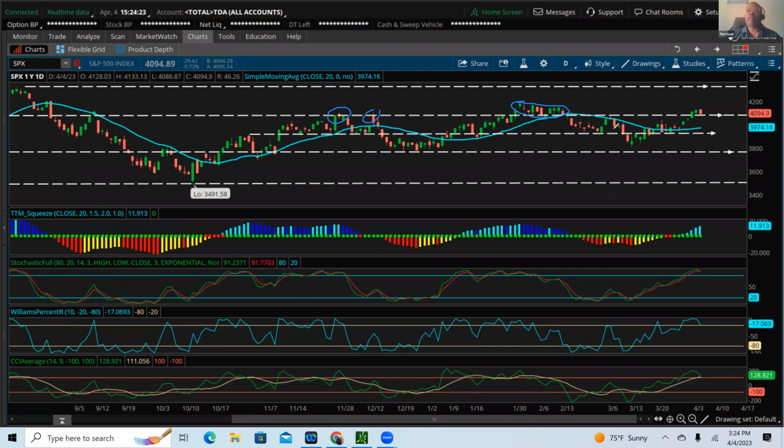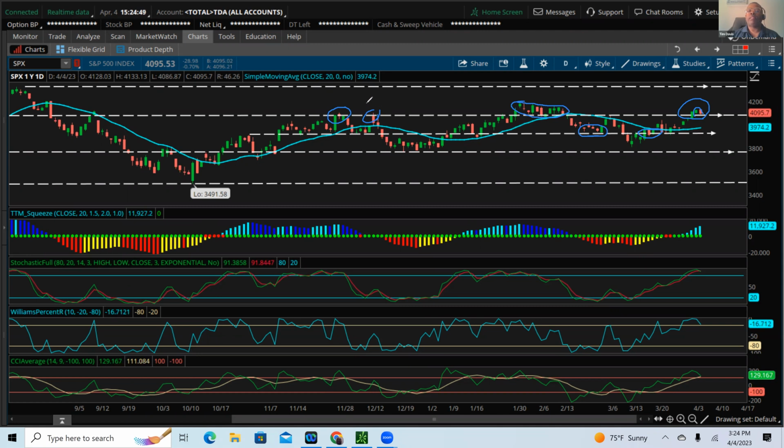We traded back down to another short-term level of support, broke through that right here, came right back above it, and tested it a few times. Now we're back above this 4,100 area, and price action is starting to come down, as you see with this red candle. That right now is acting as a level of support.